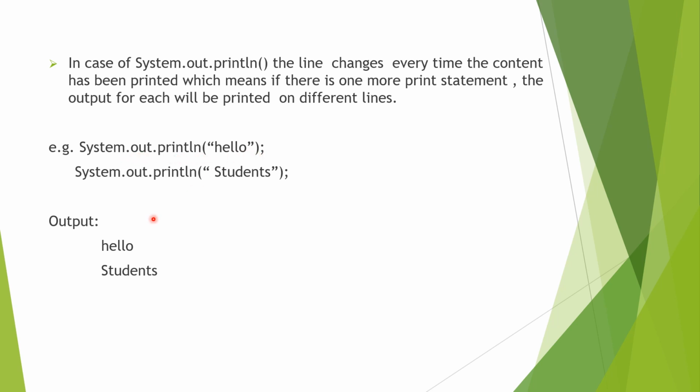So hello will be displayed, and as we have used ln here, the cursor will come to the next line. Now the next statement is System.out.println("student"). So student will be displayed and again the cursor will come to the next line. So this is the difference between System.out.println and System.out.print. I hope the difference is clear.